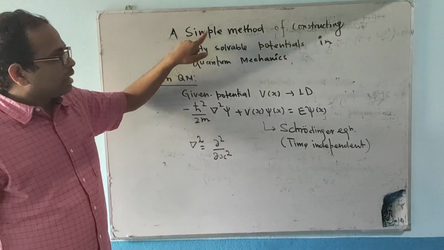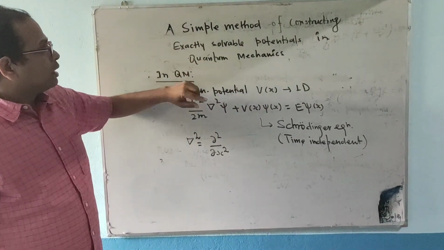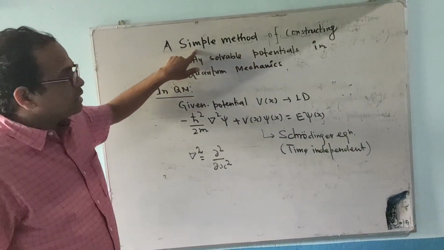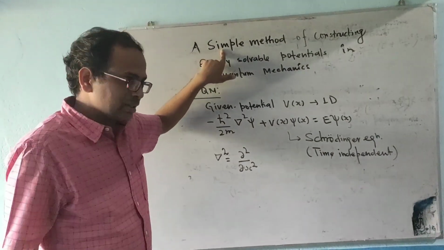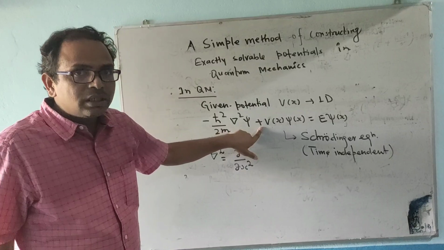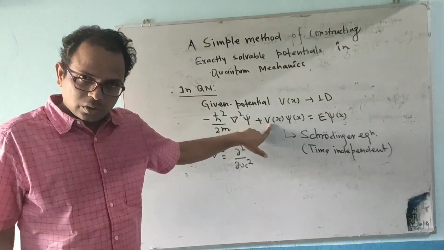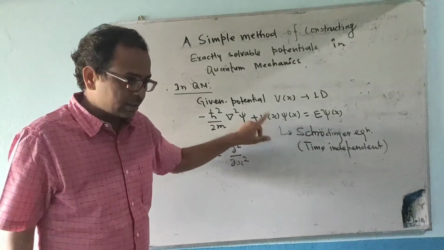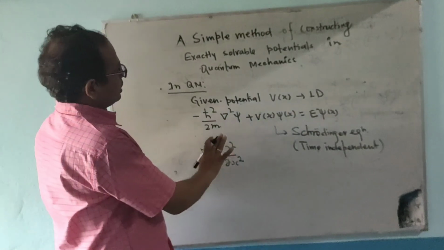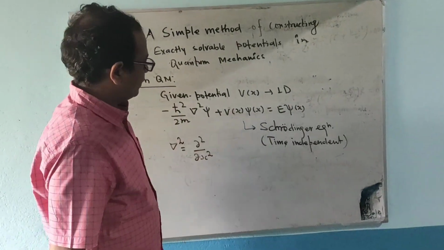In the conventional method we can find the solution of the potential only, where we have the given V of x. So this is the normal method which we use generally.